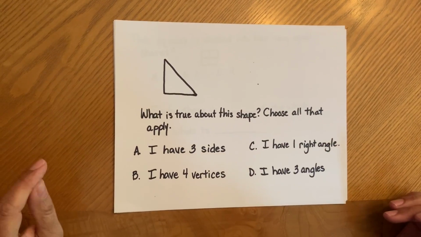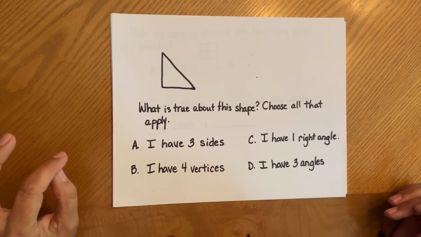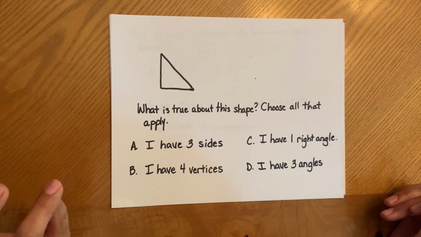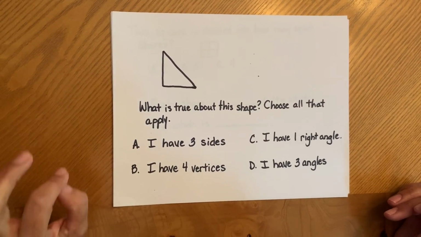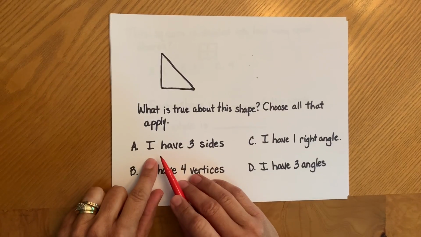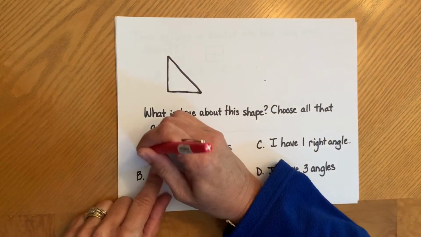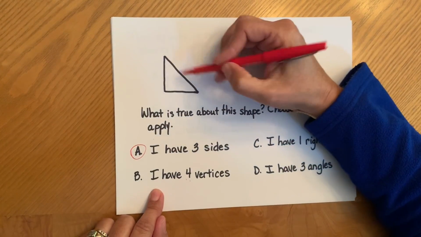What is true about this shape? Choose all that apply. Remember, whenever it says choose all that apply, that means there's probably more than one correct answer. So always, always go through every choice. Okay, is this true? I have 3 sides. 1, 2, 3. Yes. I have 4 vertices.